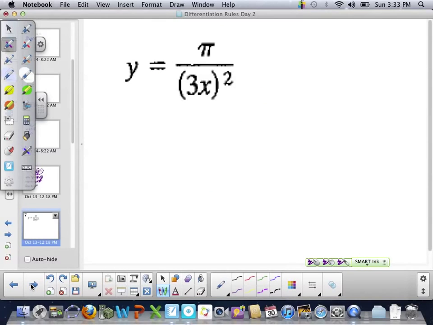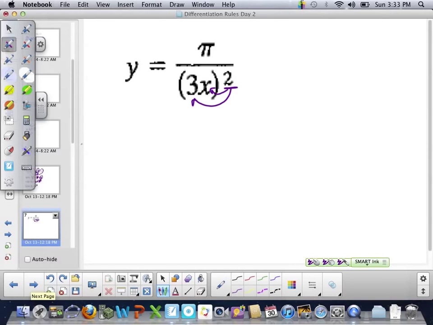Okay? Right. This problem, y equals pi over (3x) squared. What we want to do here is we want to rewrite it so there's no fraction. All right. First thing I'm going to have you do is we're going to take this 2 and we're going to apply it to each term inside the parentheses.